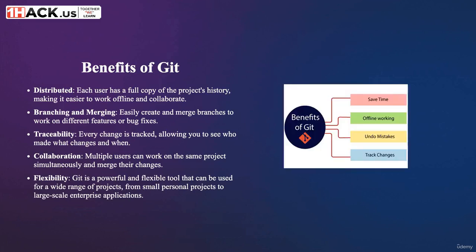Git offers several key benefits that make it a powerful version control system. First, it is a distributed system, which means that each user has a full copy of the project's history on their local machine. This makes it easier to work offline and collaborate with others. Git also provides powerful branching and merging capabilities, allowing you to easily create and merge branches to work on different features or bug fixes.